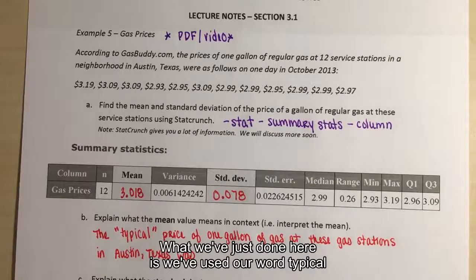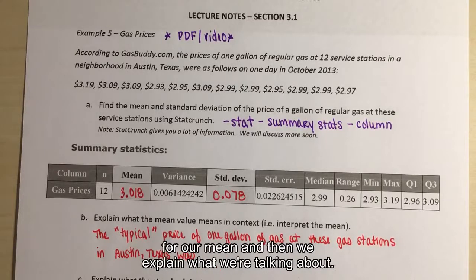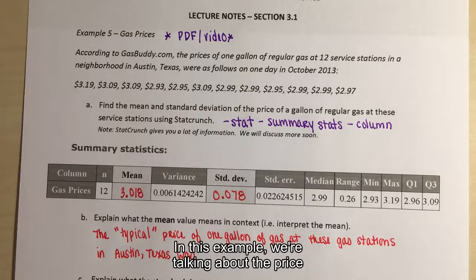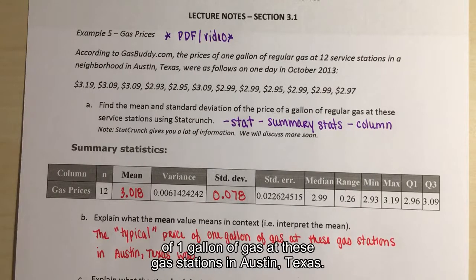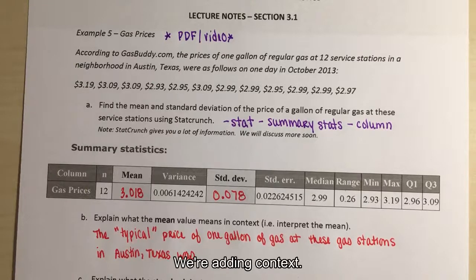All right, so what we've just done here is we've used our word typical for our mean, right? And then we explain what we're talking about. In this example, we're talking about the price of 1 gallon of gas at these gas stations in Austin, Texas. Right? So we're adding context.